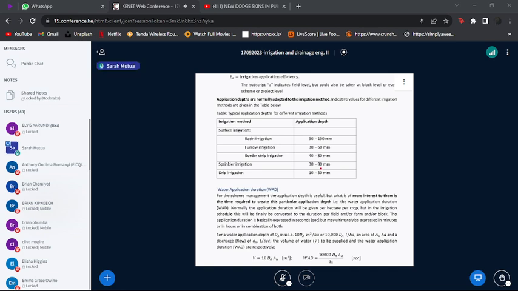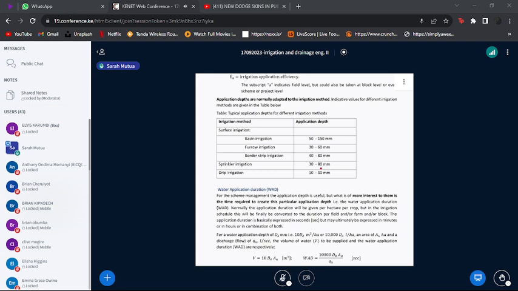Now, why is this relevant? Number one, if you have a bean crop whose root zone depth is 30 millimeters, 1 foot, why would you use basin irrigation, which is going to apply a water depth of 50 millimeters and more? Because the excess 20 millimeters is just lost through deep percolation.